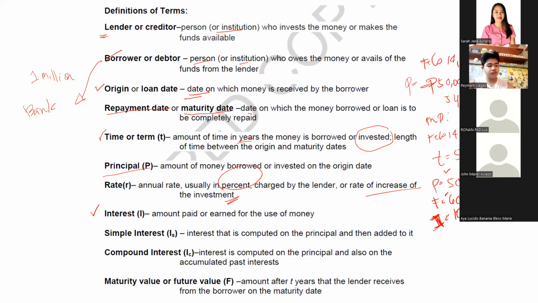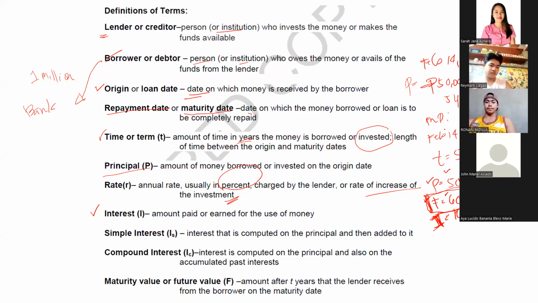Ito ang future value. Kumbaga, magiging pera na ang inutang mo, pinautang mo, sinave mo, at ininvest mo. That is the future value denoted by capital F.